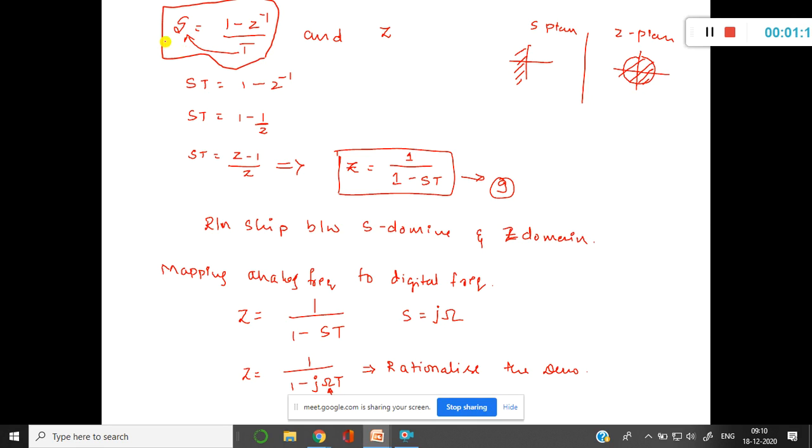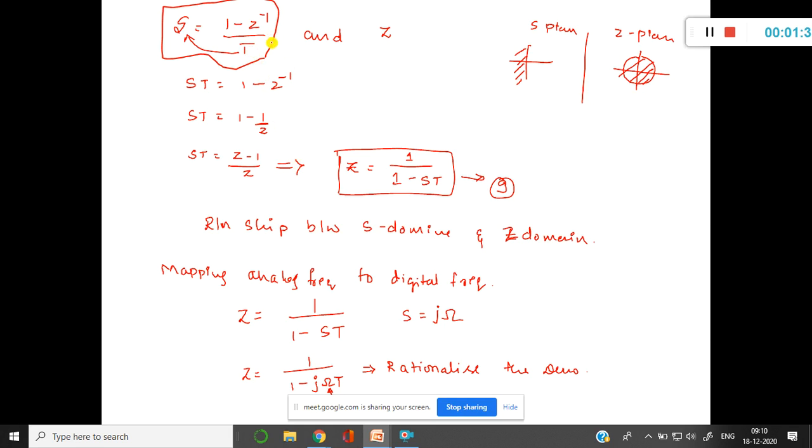So now wherever S appears in your equation, you are supposed to replace it with 1 minus z inverse divided by T. What is T in this case? It is nothing but a cutoff frequency or sampling rate.